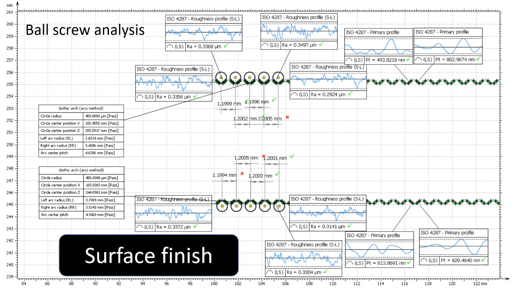So we've looked at surface finish here, form, Gothic arch, pitch circle diameter, and we've toleranced the results as well if we want to.